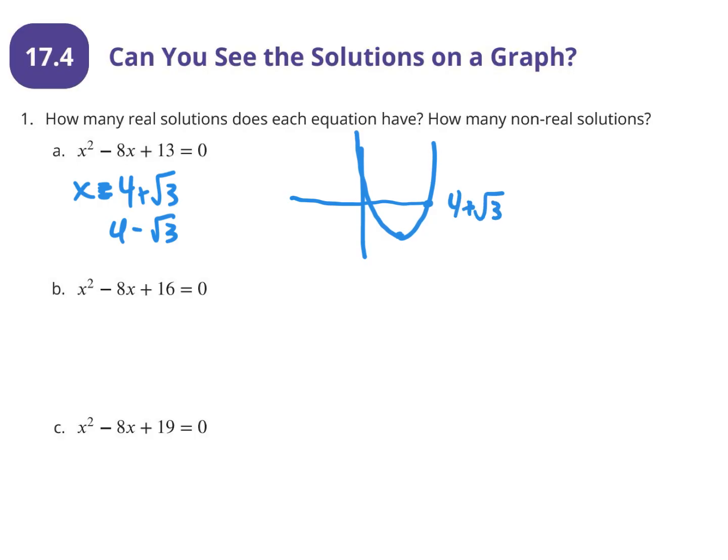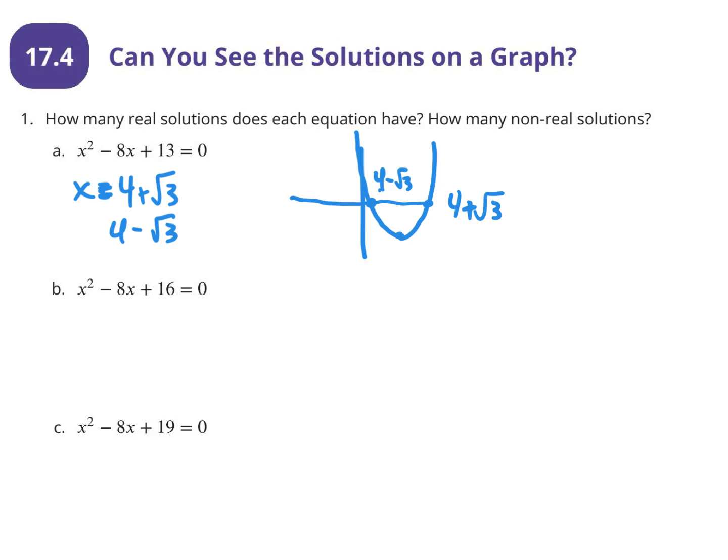Root 3 is about 1.7, so that's about 5.7. 4 minus 1.7 is about 2.3 or something like that. So this is 4 minus root 3 over here on the left. And this is what our parabola looks like. It crosses the x-axis twice. When you get two real solutions, that means it crosses the x-axis twice.